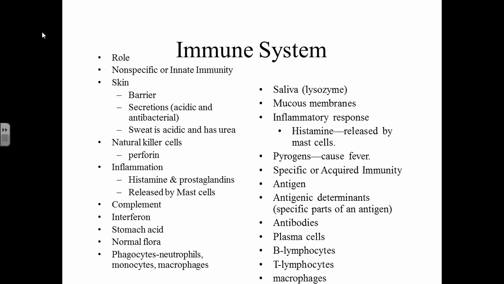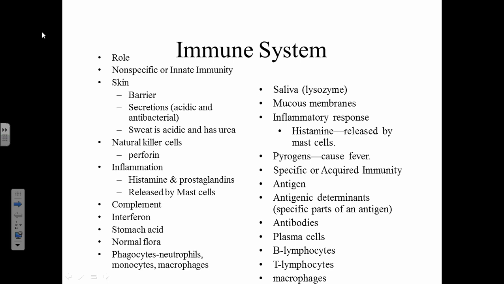So we talked yesterday about there being two main parts of your immune system, the non-specific or innate. That's the part that's built in, you're born with it, you don't have to do anything to get it. And then the specific, or sometimes it's called the acquired immune system. So just with the non-specific, things like skin, inflammation, your stomach acid, the normal flora, which are your natural what?